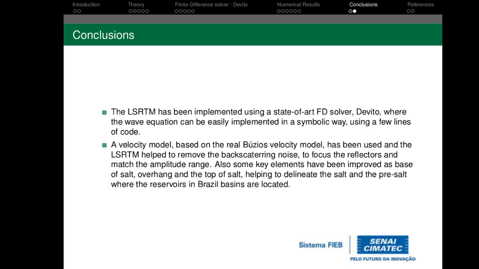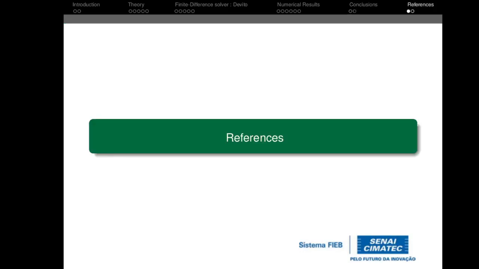About the numerical results, we see that the backscattering noise has gone, the reflectors are better focused, and the amplitude range of the reflectivity is closer to the real one. And as I said, the base of salt, top of salt, and overhang have been improved as well after the least square RTM.